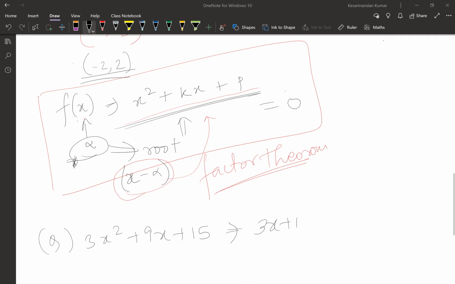This is your polynomial. You have to find the remainder when it is divided by this without using long division. You will have to use the factor theorem.